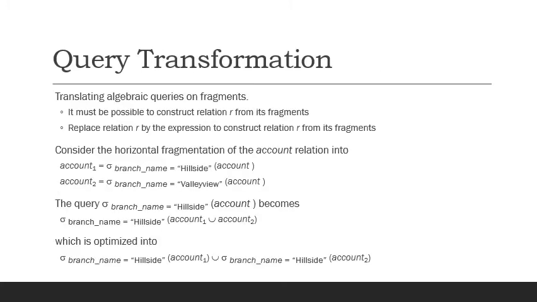Next, see query transformation. Consider an extremely simple query, such as find all the tuples in the account relation. Since the account relation may be fragmented, replicated, or both, as we saw earlier, if the account relation is replicated, we have a choice of replica to make. If no replicas are fragmented, we choose the replica for which the transmission cost is lowest.